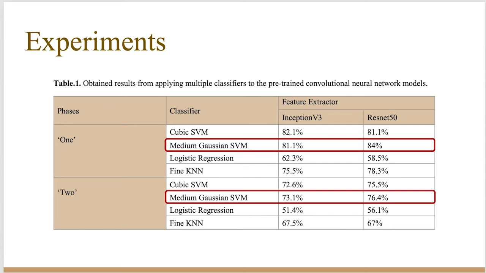However, with the expansion of the dataset to reach a total of 212 images, it was noted that the accuracy of the two models decreased. So in the second phase, the ResNet 50 reached an accuracy of 76.4% with the medium SVM classifier, while the Inception v3 accuracy with the same classifier was 73.1%.